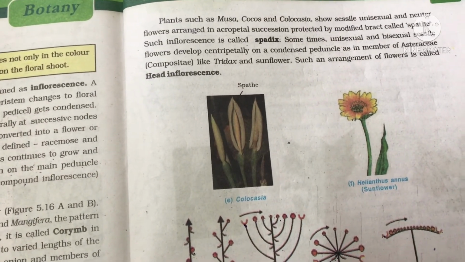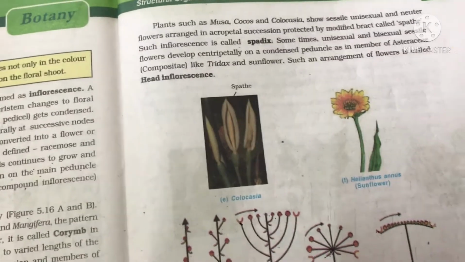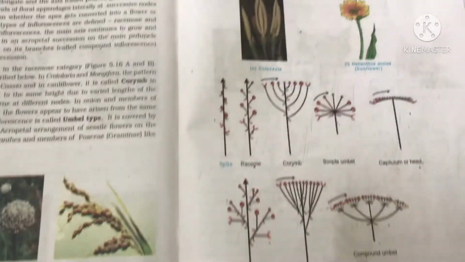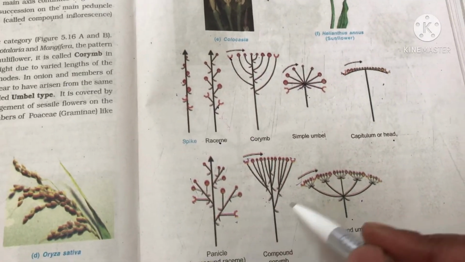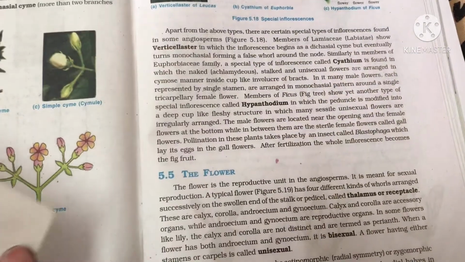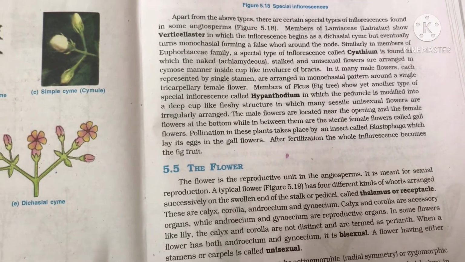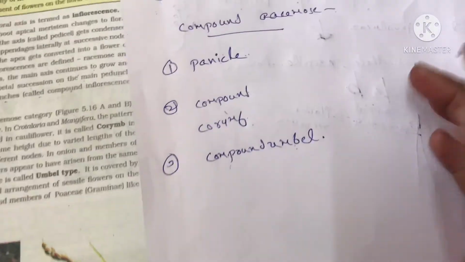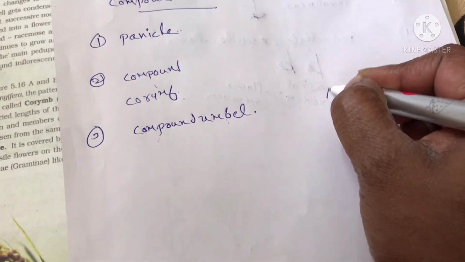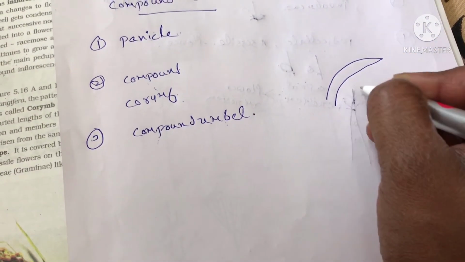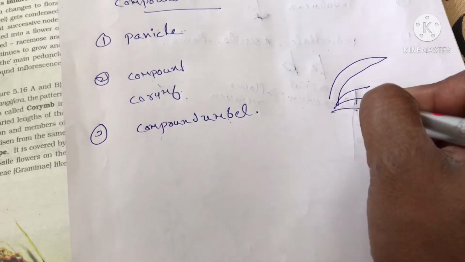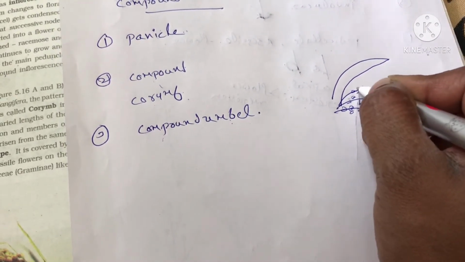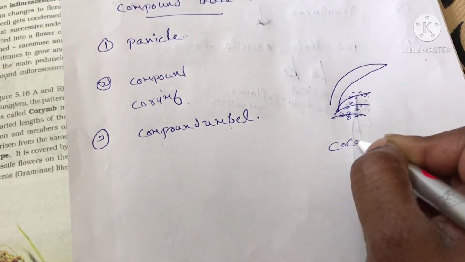Here the spadix has a number of pedicels. This is also compound. You observe here, then the next one is spadix. This is the spadix inflorescence seen in the coconut.